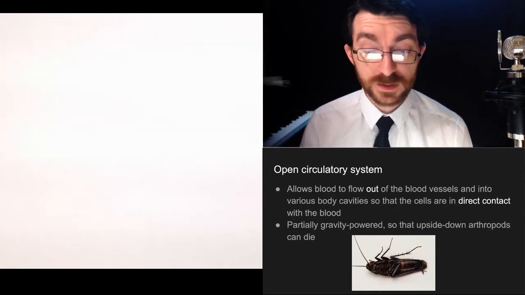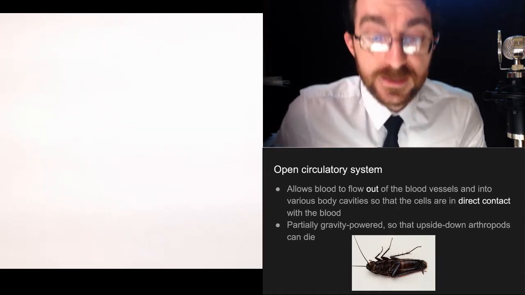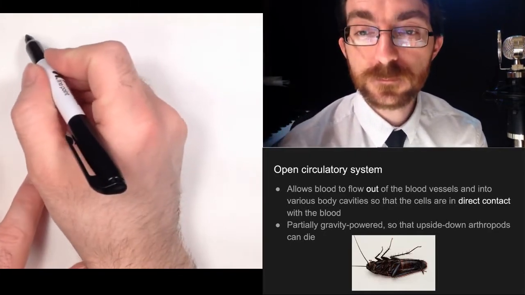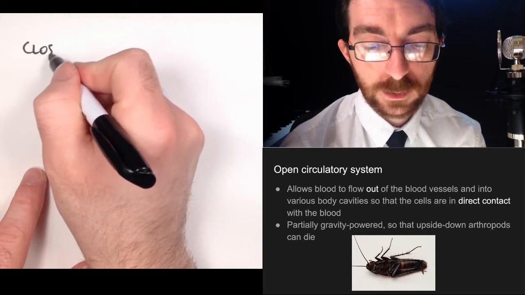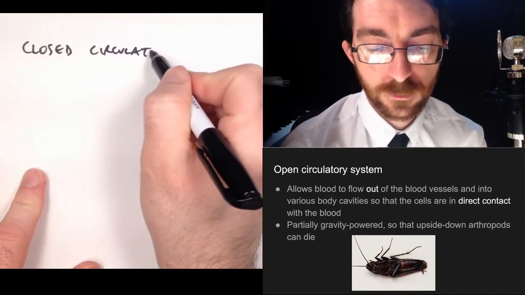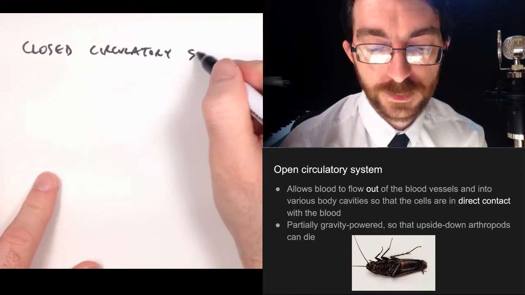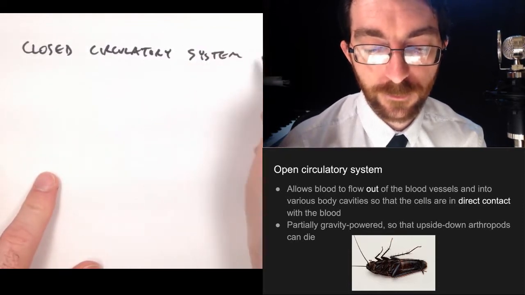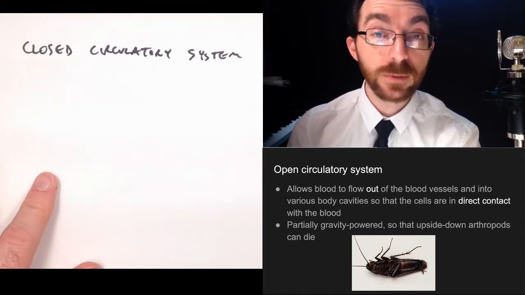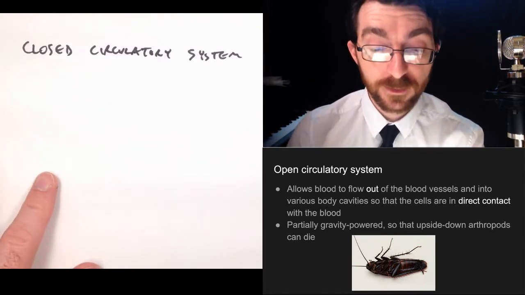We have a closed circulatory system. And what that means is, in a closed circulatory system, the way it works is your blood stays in blood vessels the entire time.